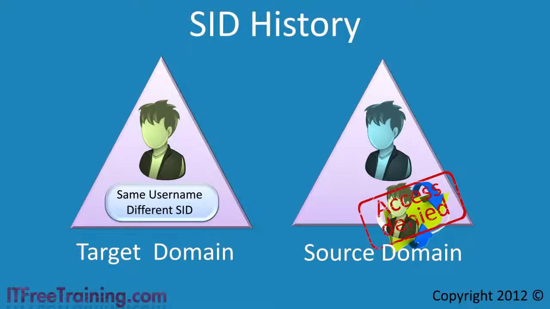Essentially, Active Directory sees the user in the target domain to be a completely new user and does not recognize any of the permissions that user was given before. To get around this, you could simply change the access of the file share, giving the new user in the target domain access. If you consider when performing most migrations, you want to remove the old domain when it is no longer required.